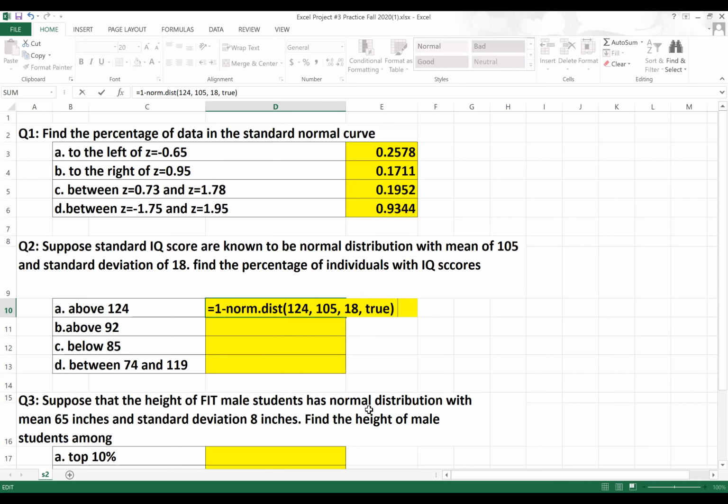So that's the proper input. I'll give you 1 minute to look at it.